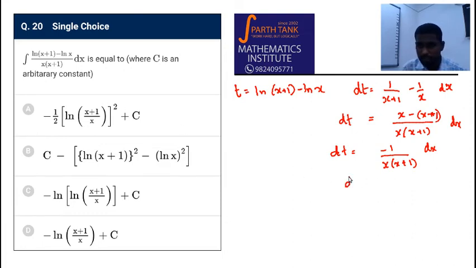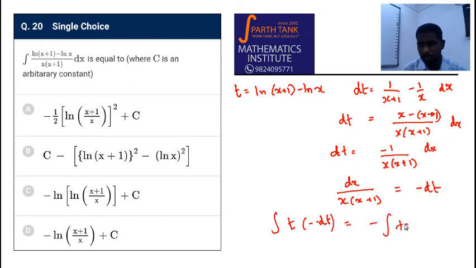So you see that dx upon x into x plus 1 is minus dt. So if the numerator is t, then the rest is minus dt. So the integral becomes t times minus dt, which is minus of integral t dt. This is nothing but minus of t squared by 2 plus c.